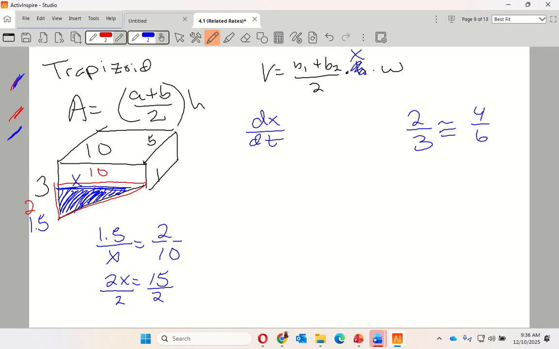It's a triangle, right? Because at that point, we're only working with that amount. We'll work with the blue part, and it has depth. So my volume is equal to 1/2 base times height times width.